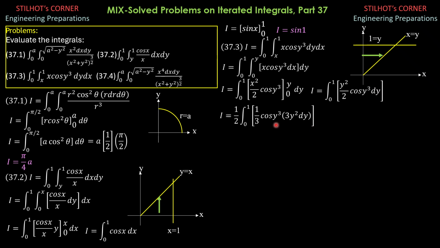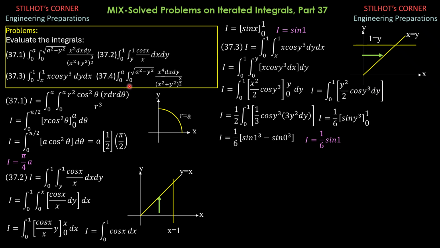So that would be 1/6 sine of y cubed from 0 to 1. Sine of 1 cubed is sine of 1. Sine of 0 cubed is sine of 0, which is 0. So 1/6 times the quantity sine of 1 cubed minus sine of 0 cubed, and that's 1/6 sine of 1.